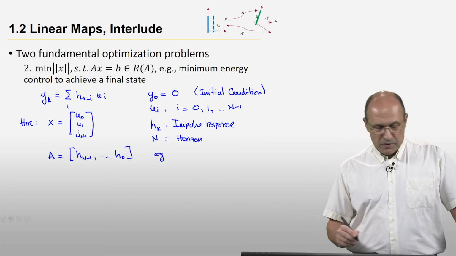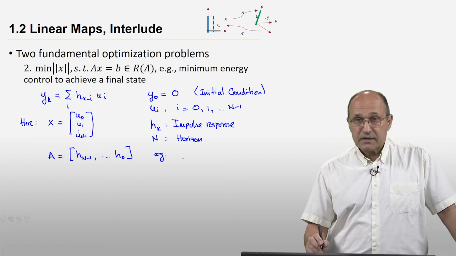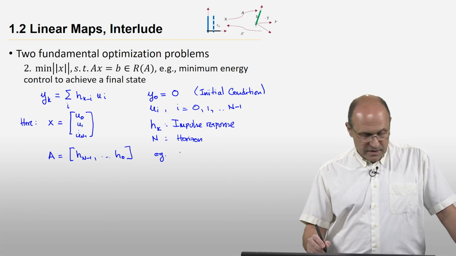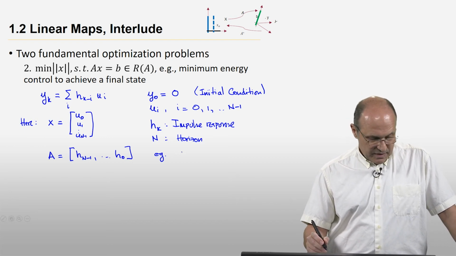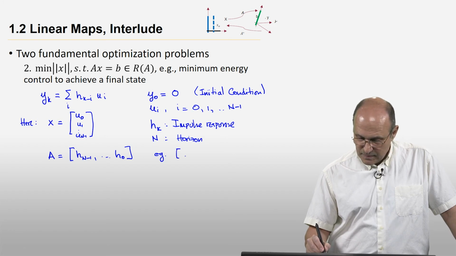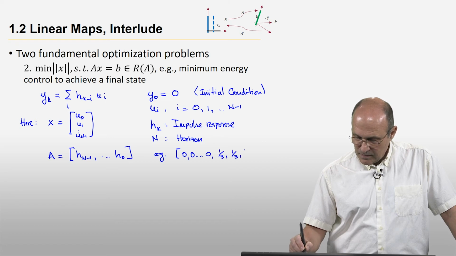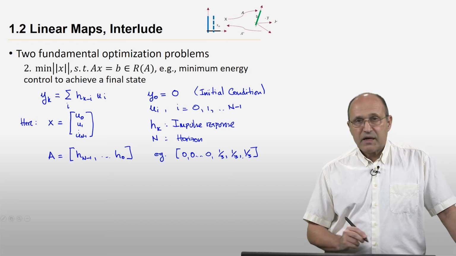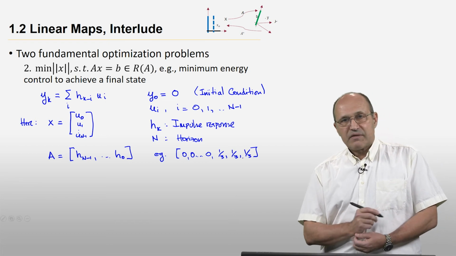Just to make the example slightly more concrete, although not necessarily representing any particular system. So let's say our system simply averages the last three controls.